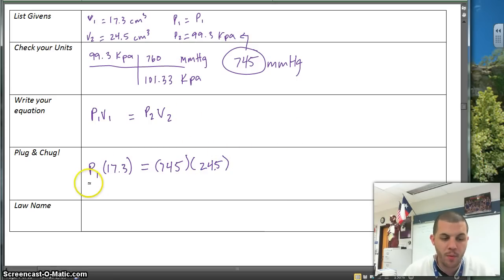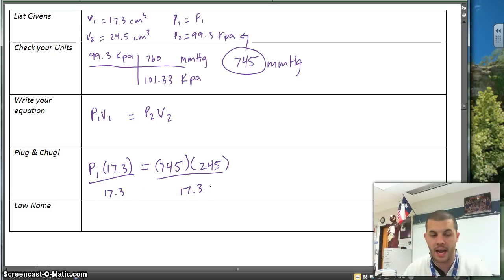And now if I'm going to get P1 by itself, I divide both sides by 17.3, and let's cancel. 745 times 24.5, enter, divided by 17.3, enter, and I get 1055 point whatever millimeters of mercury.